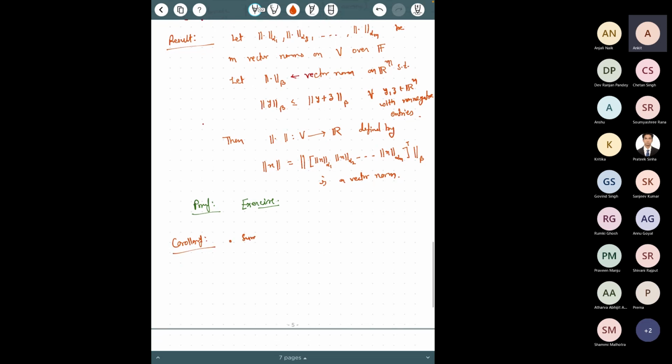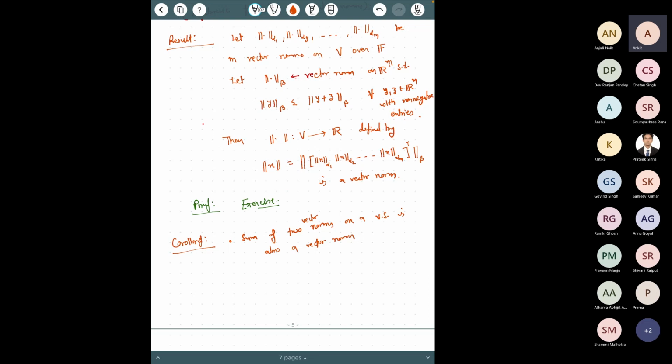The sum of two norms on a finite dimension vector space, because we are talking about finite dimension only, so I don't have to write this again and again. I'll just write vector space. Sum of two vector norms on a vector space is also a vector norm.